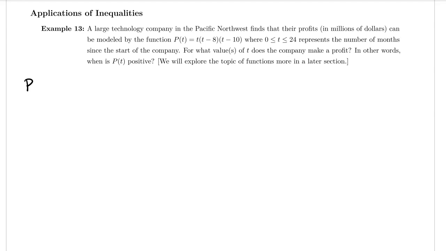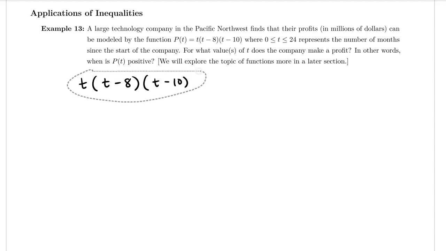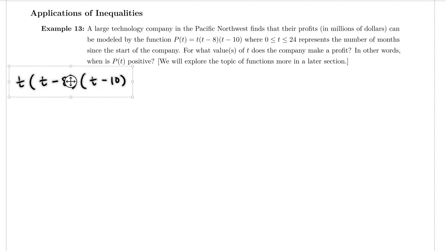So I have this thing we're calling P of t. P of t is equal to t times t minus 8 times t minus 10. And I'm just going to go ahead and erase this part here. We have this expression, and it's a cubic since we're multiplying 3 linear factors together, and we want to know when this thing is greater than 0.